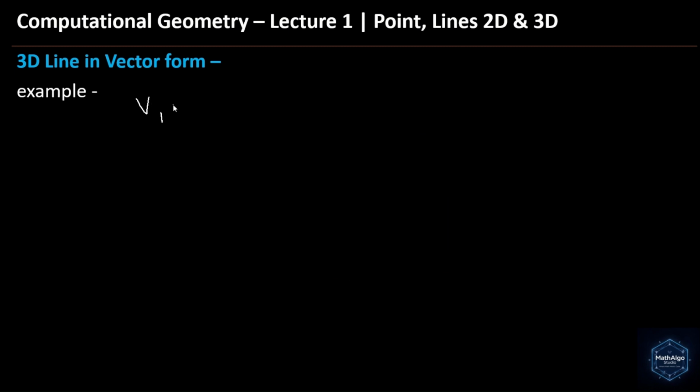Now let's take an example. Vector v1 is 2i plus 3j plus 5k, and vector v2 is 4i plus 6j plus 12k.